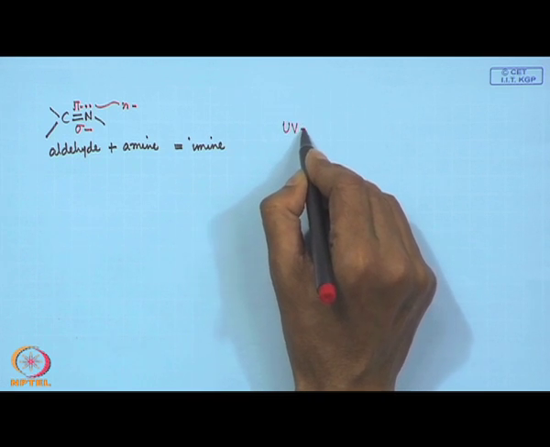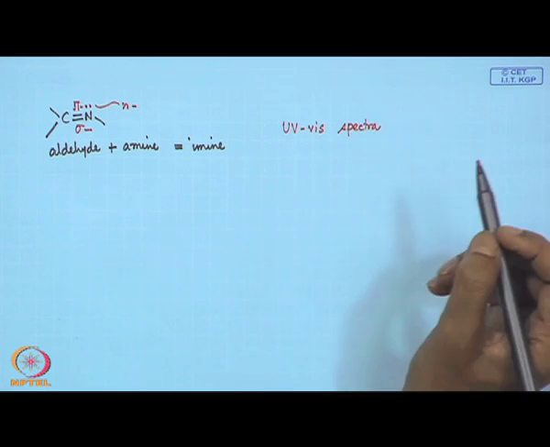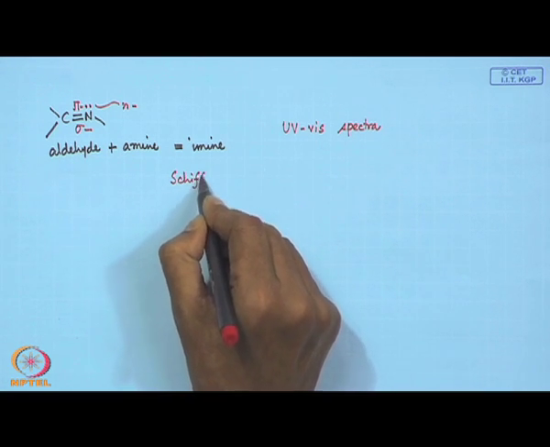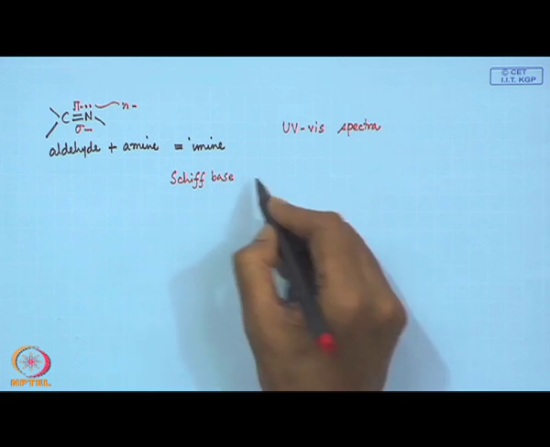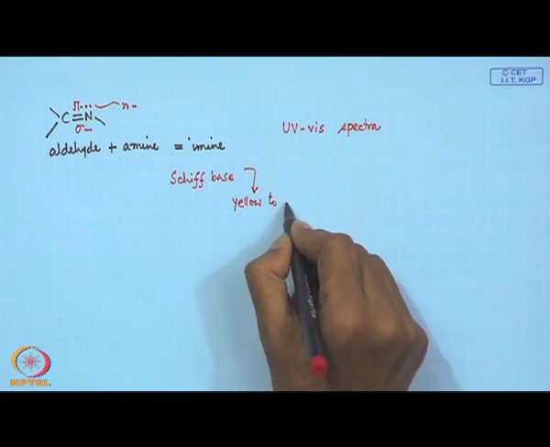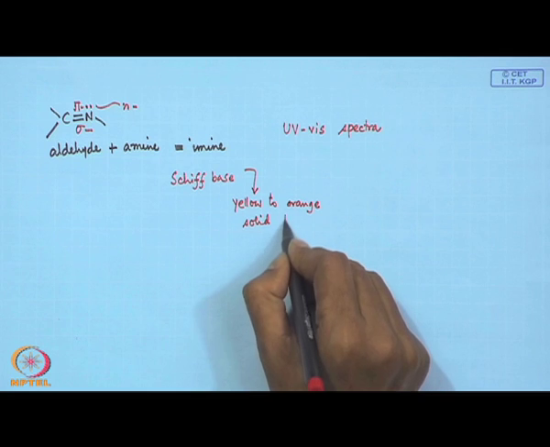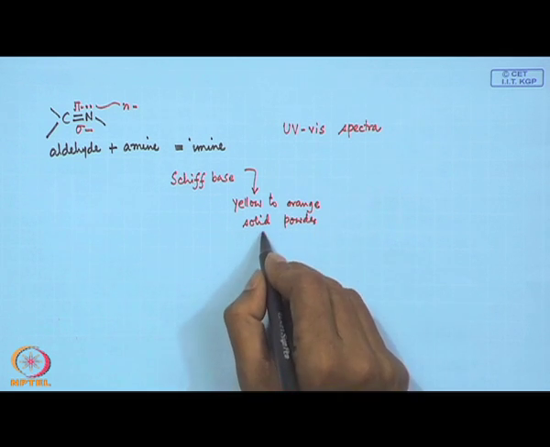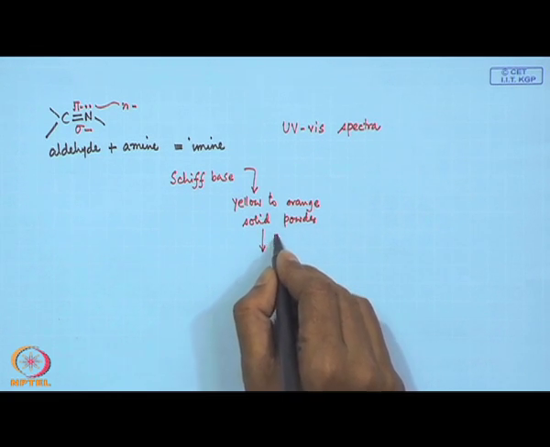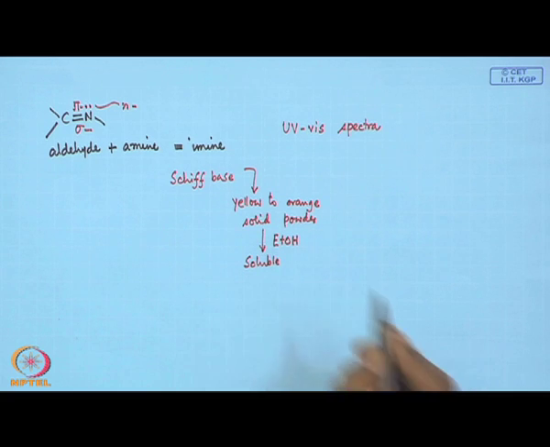So, when we are talking about the UV visible spectra of these compounds, such as any Schiff base, if we have them, they are yellow to orange solid powder, and they can be isolated through the synthesis, say in ethanol, and these compounds are also soluble in ethanol.